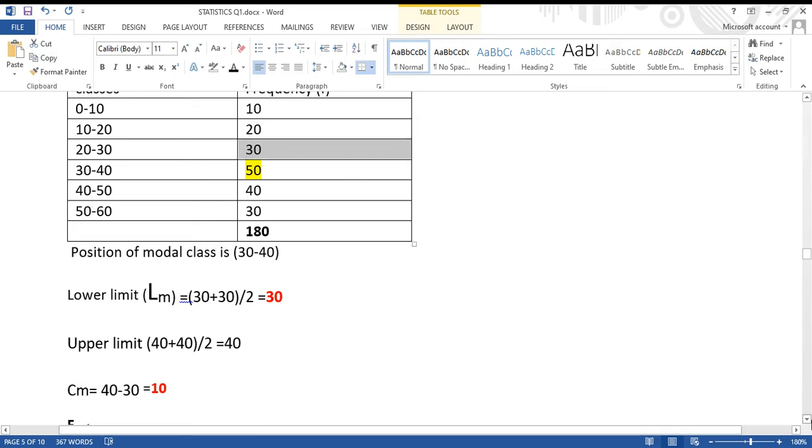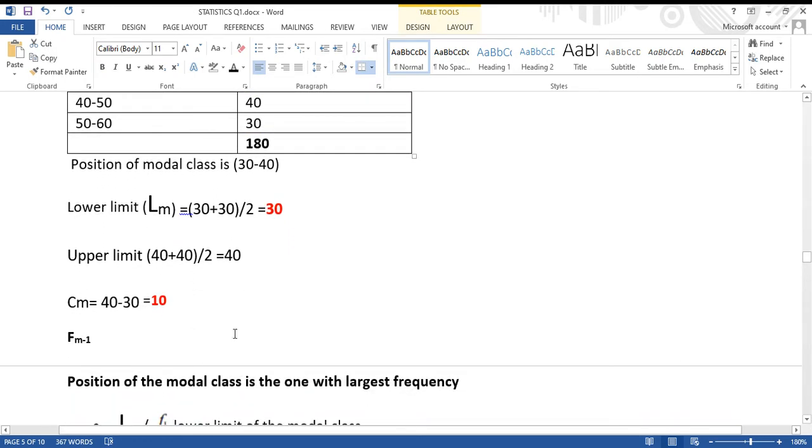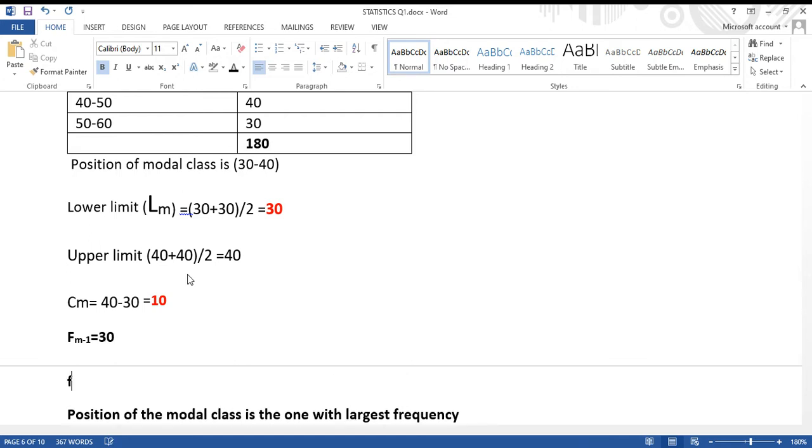So the fm minus 1 is 30. All right, and then we get the frequency of the class after the model class, which is fm plus 1.